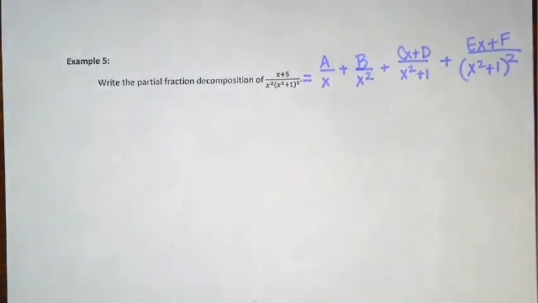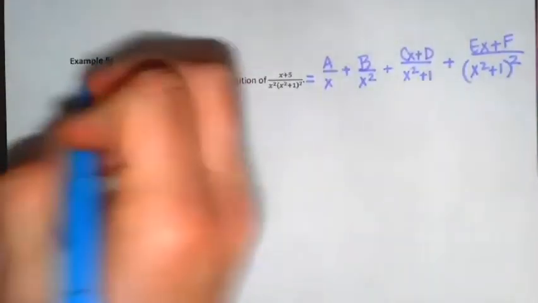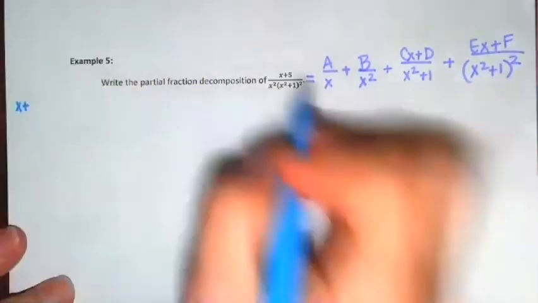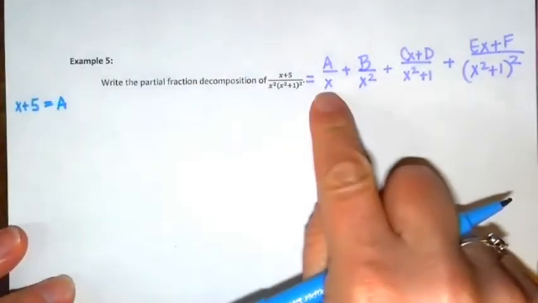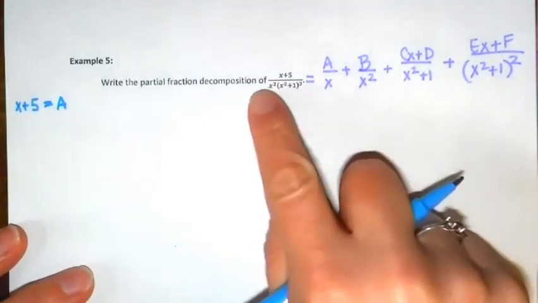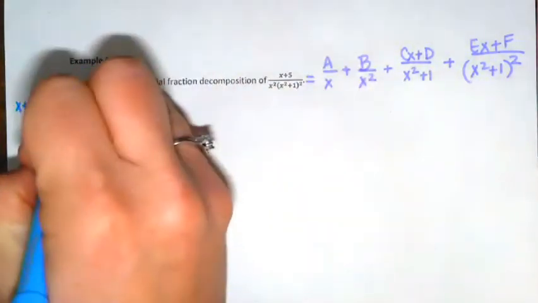All right, so now we have to look at what I need to multiply each of these by. Let's look at this. I'm going to take my numerator, which is x plus 5. For A, I only have one x, but I need x squared, so I need to multiply that by x.